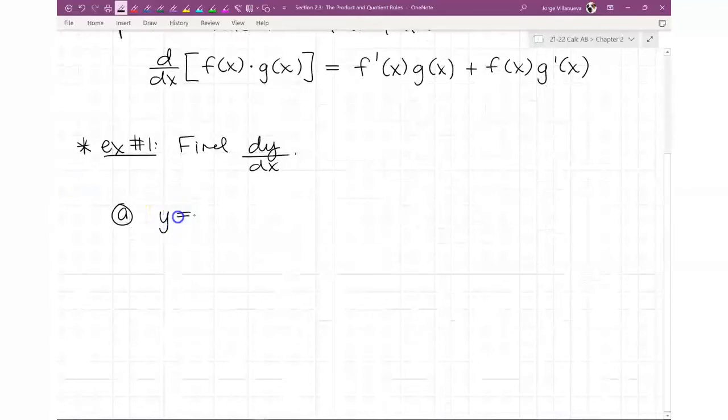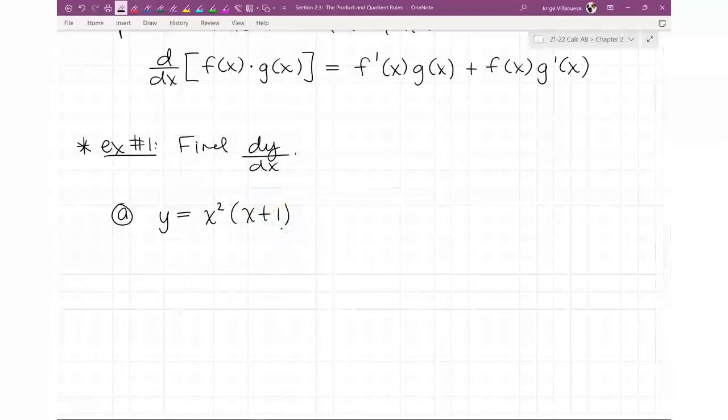So if y is x squared times x plus 1. So notice it's two things that are being multiplied together. Now normally I would tell you never use the product rule on this, because you could literally just distribute. But let me show you what the product rule looks like, and then we'll do the distribution, and then you can see why it's better to distribute.